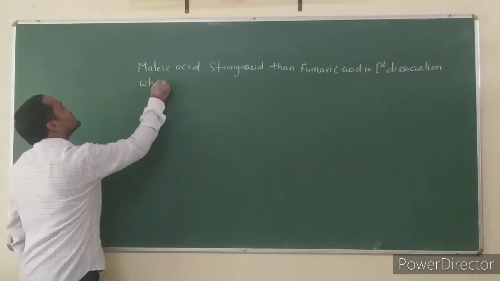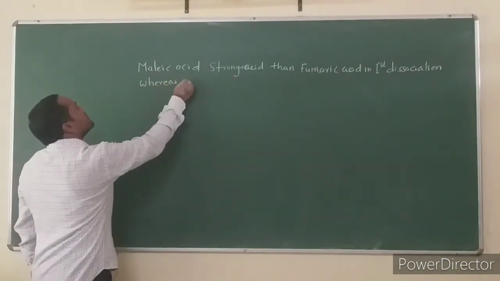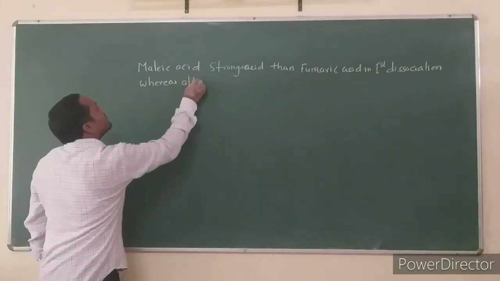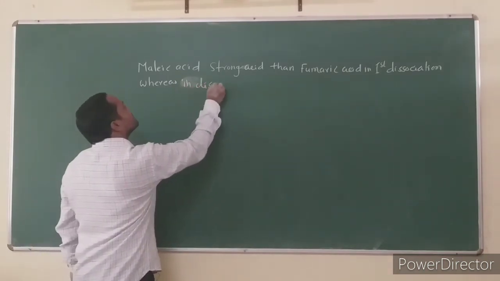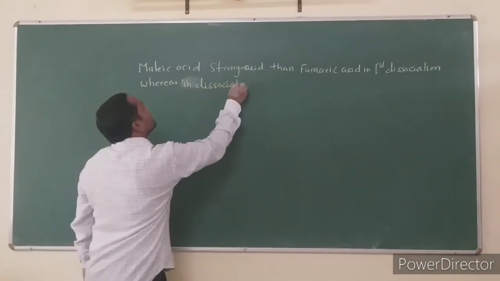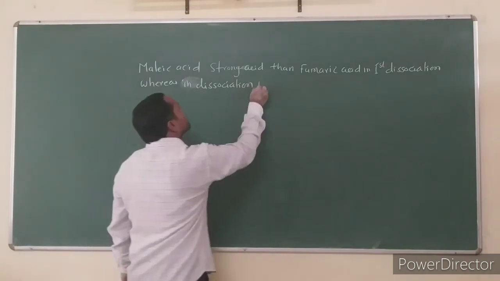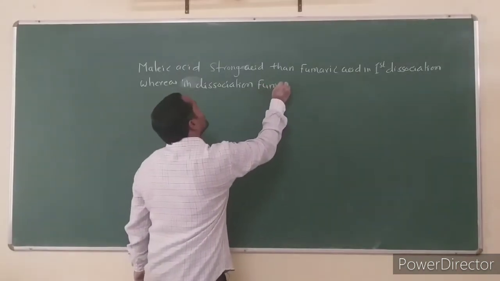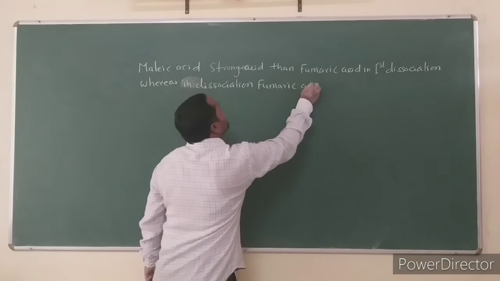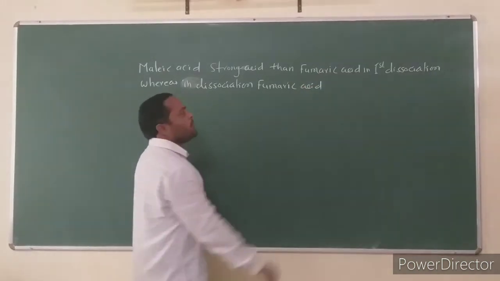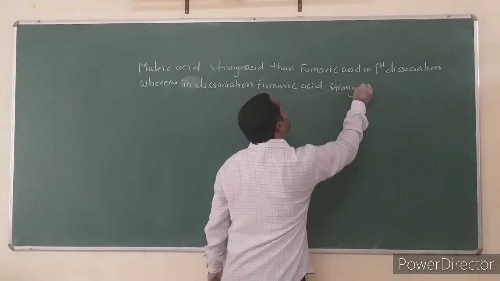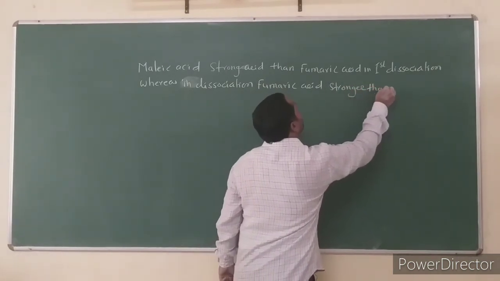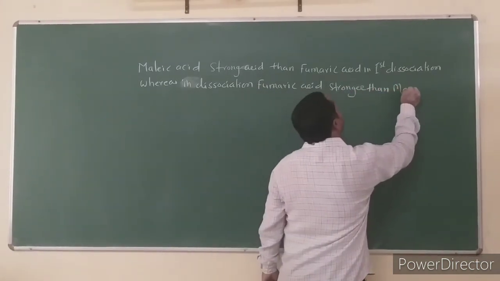whereas in second dissociation, fumaric acid is stronger than maleic acid. What is the reason?